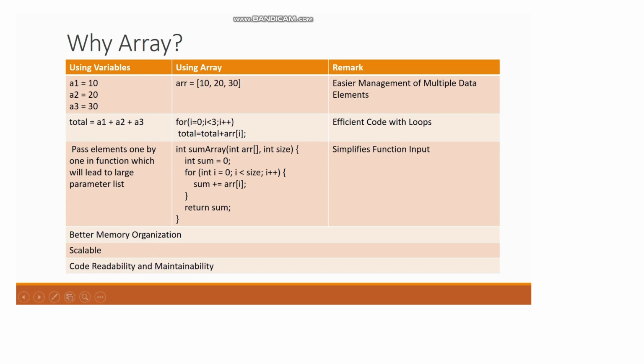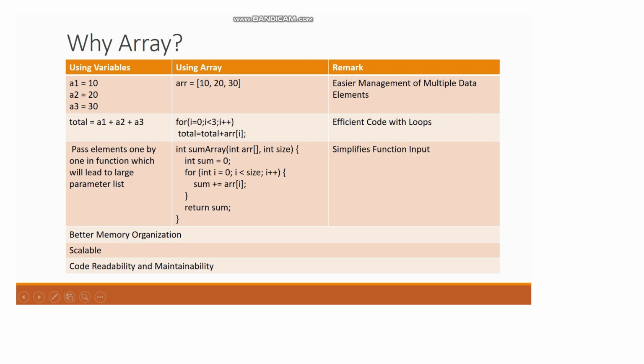Is it clear? So the remark we can make is that it is easier management of multiple data elements. And here I would like to add, multiple data elements of the same data type. That means all the elements should be of the same type.